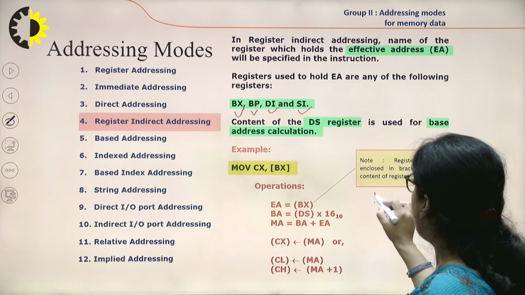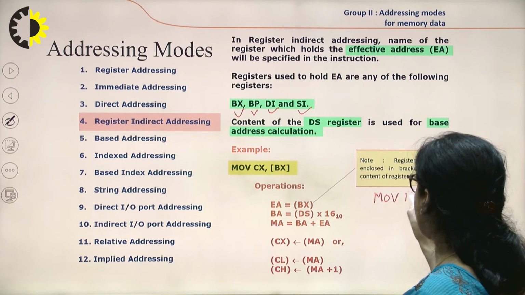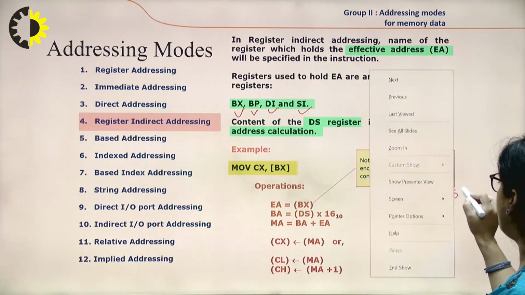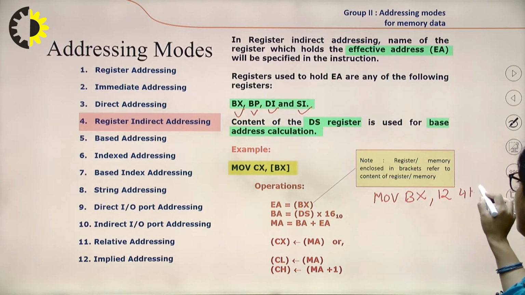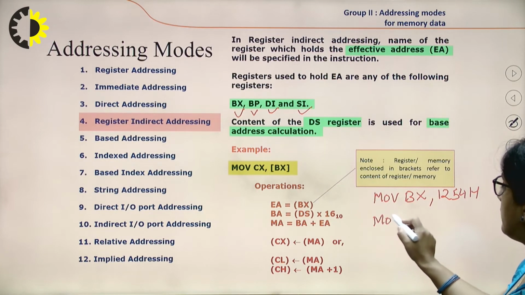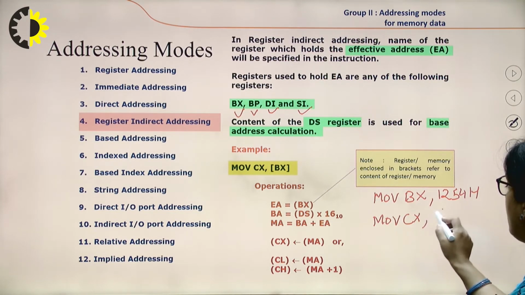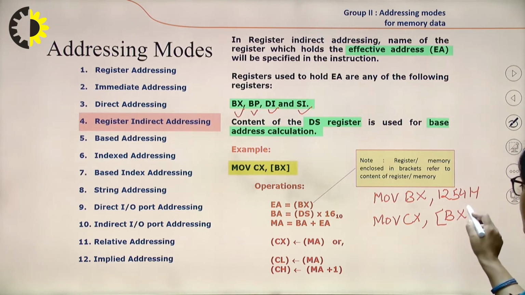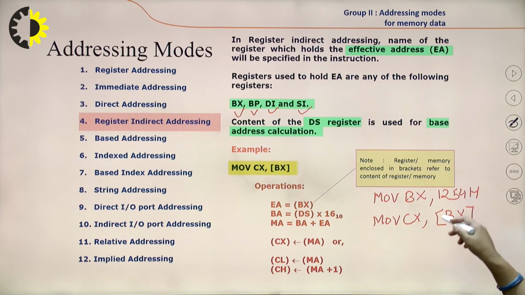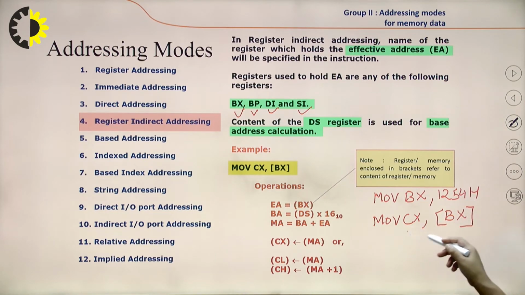For example, in the earlier case, I can use MOV BX, 1254H, and then I can use the instruction MOV CX, [BX]. So BX is having 1254H. The content of the 1254H location will be transferred to CL.